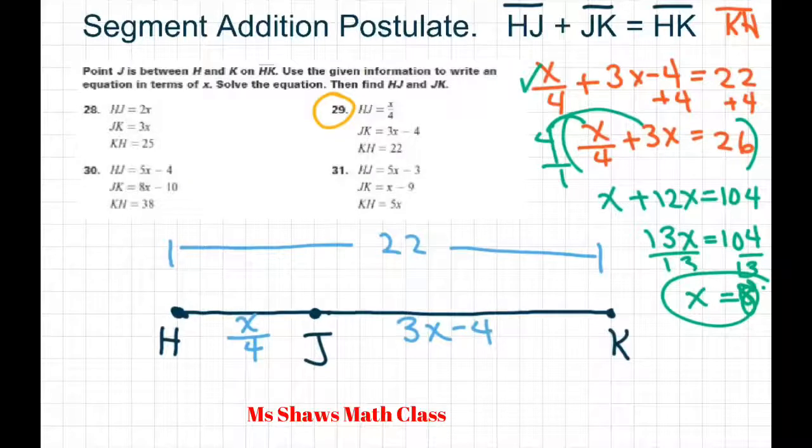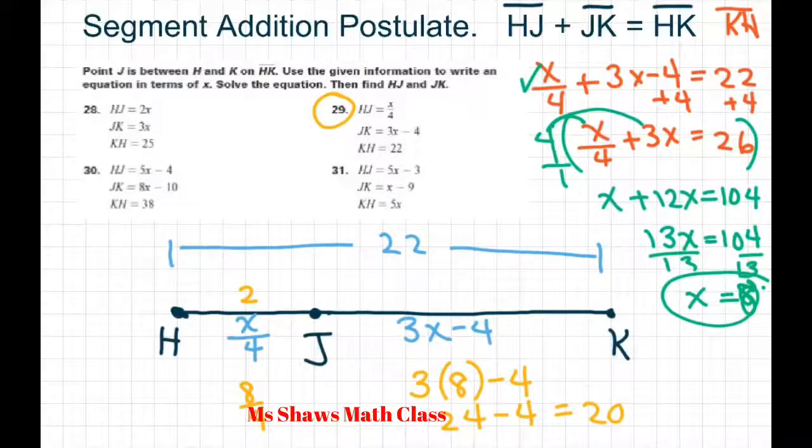So all you have to do is substitute. For this one, that's going to be 8 divided by 4, which is 2. And for JK, you're going to have 3 times 8 minus 4, which is 24 minus 4, which equals 20. And if you add these two, 2 plus 20 is 22, so it checks.